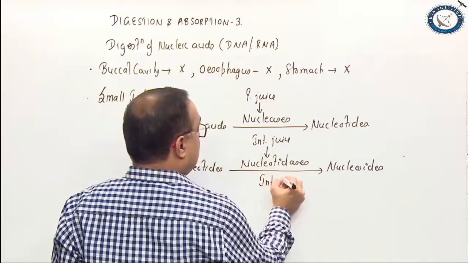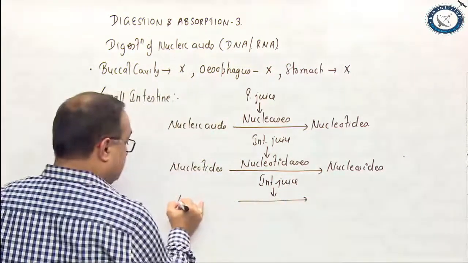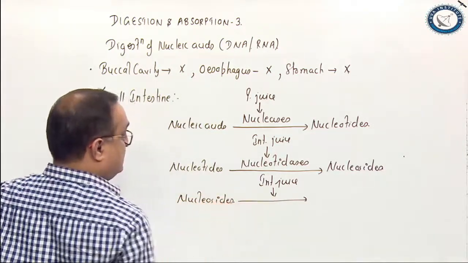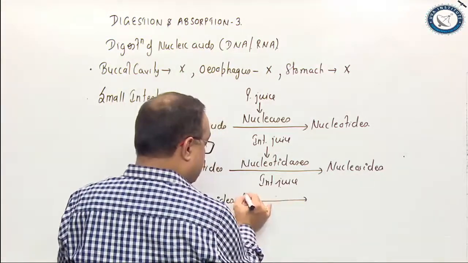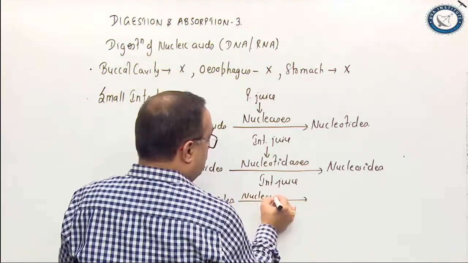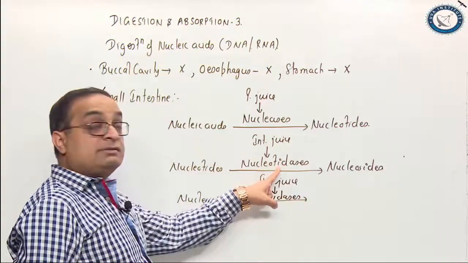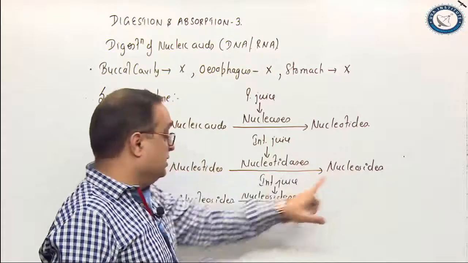Intestinal juice also has the enzymes to break nucleosides. The nucleosides are acted upon by the enzymes nucleosidases. What were these? These were nucleotidases to break nucleotides into nucleosides.